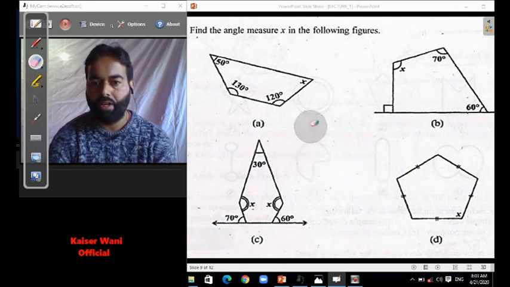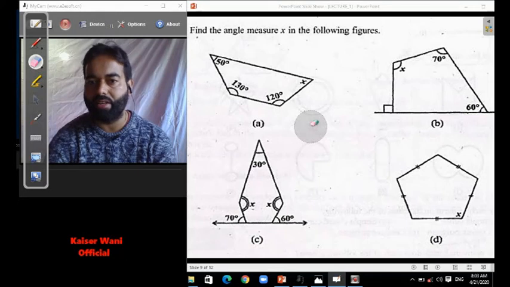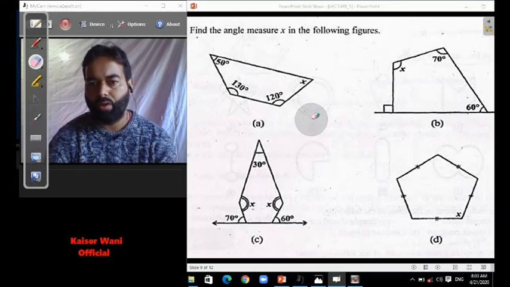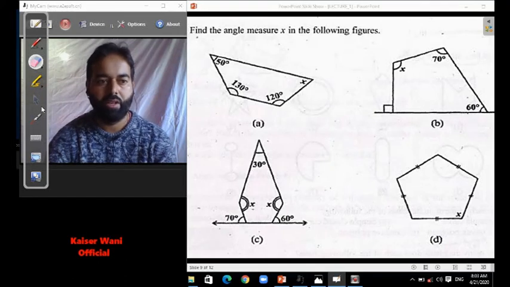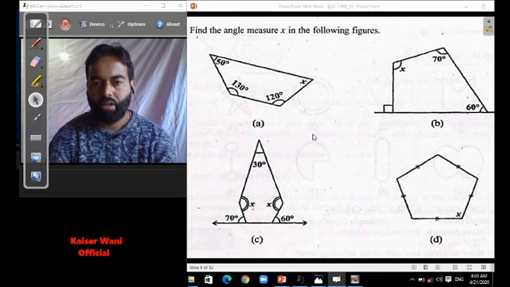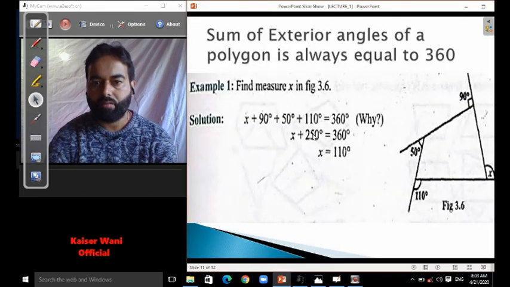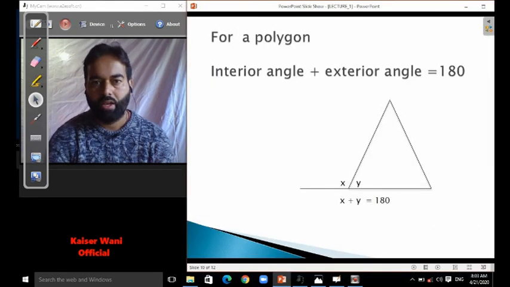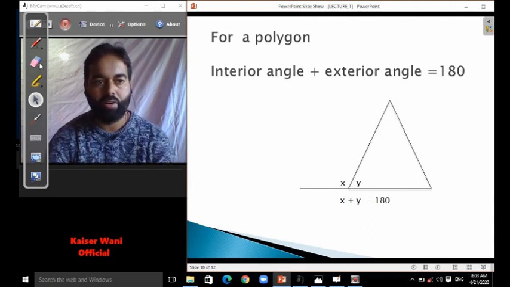When we look at the exercise that is coming next, exercise 3.1, we will do the exercise one by one, each and every question. We have also learned that for a polygon, interior angle plus exterior angle is equal to 180.